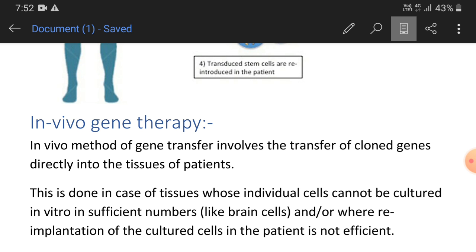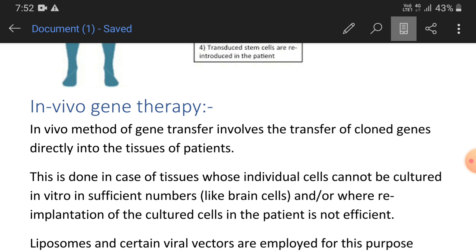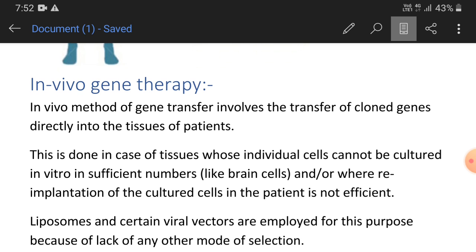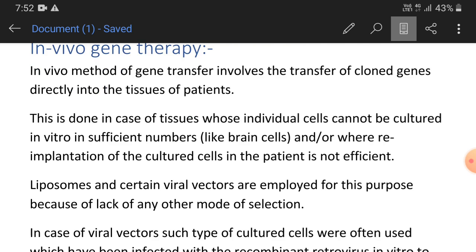That is why here we are using a process that transfers the transgene directly into the tissue inside the cell. For that, the gene delivery methods we are using are liposomal mediated gene delivery and the other viral vectors that we have used.